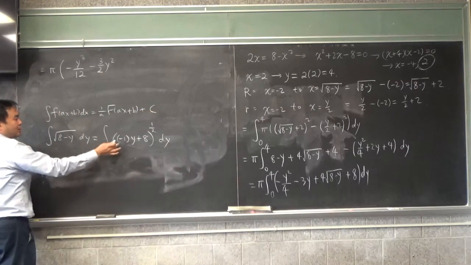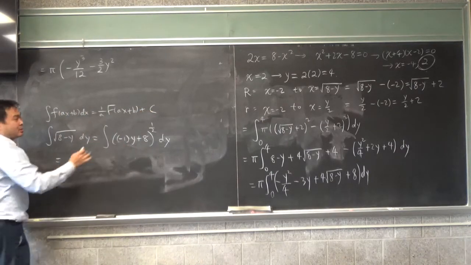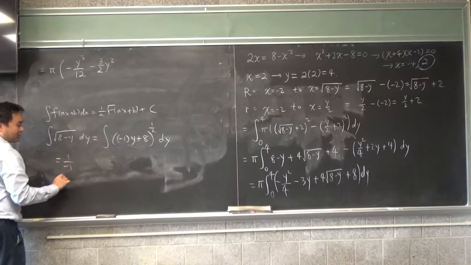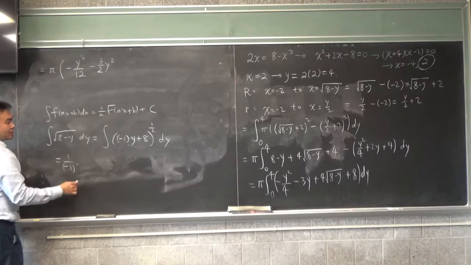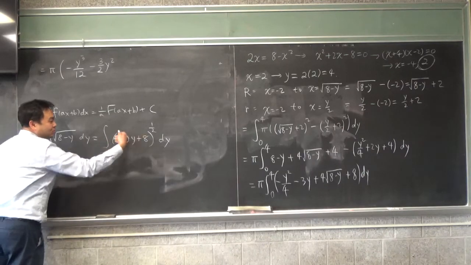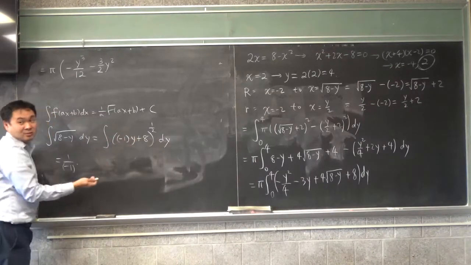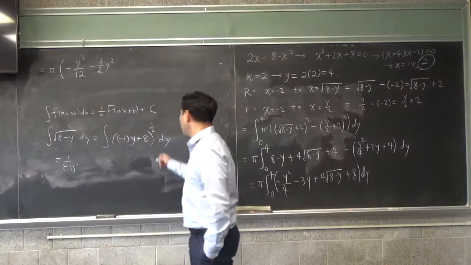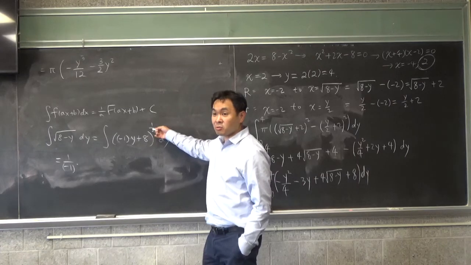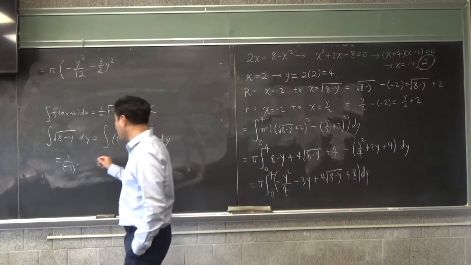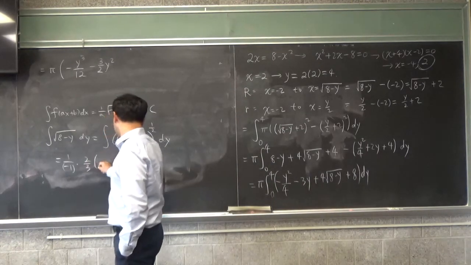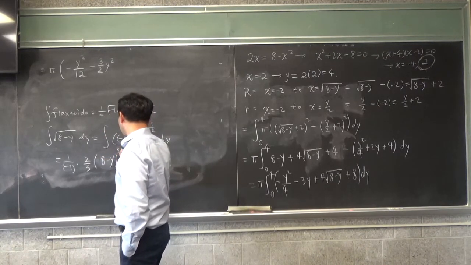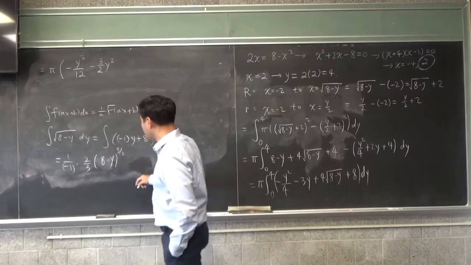So this negative 1 is acting like a, so that gives you 1 over negative 1 in front. And then you can treat this like a big x. How do you integrate x to the 1/2? You add 1 to the exponent, which is 3 over 2, and you put the reciprocal in front, 2 over 3. Again, 8 minus y to the 3 over 2. So that's the integral, okay?